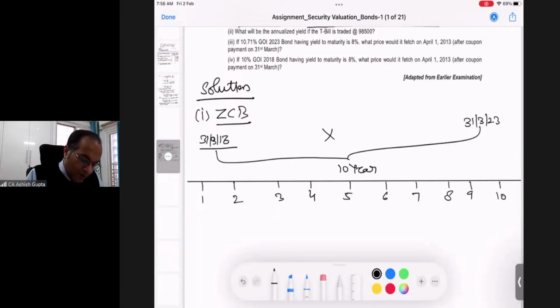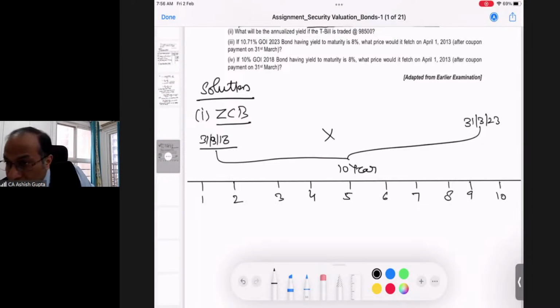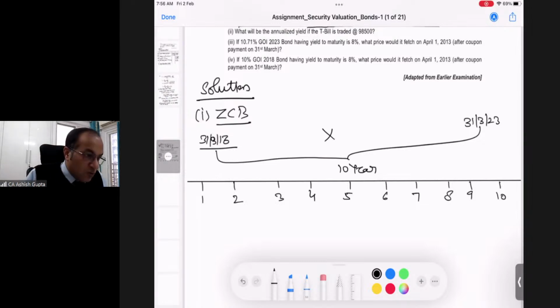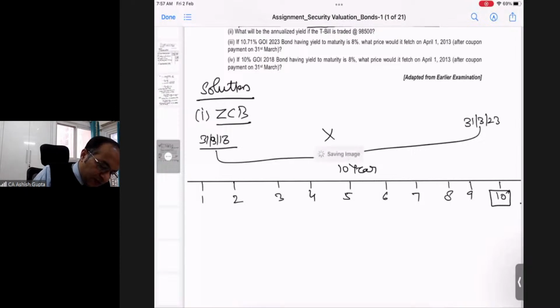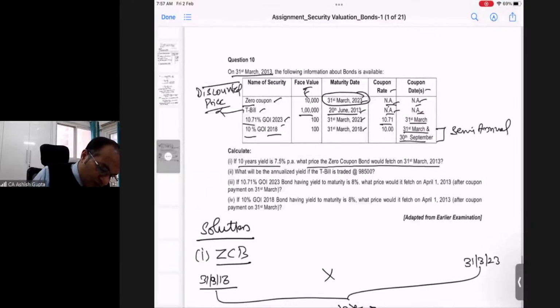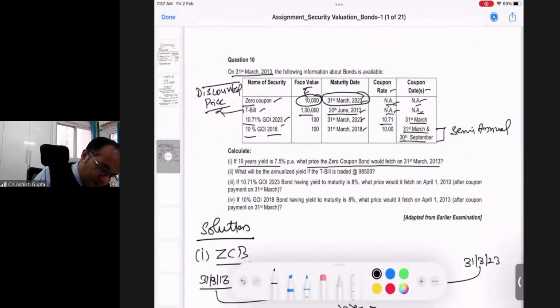Okay, student, now here what will happen? Yes, Manju, you are right, your answer is correct, but I am just explaining to the students. Now see here, there will be no payment. At the end of the 10th year, as I told you, it is always issued at a discounted price, so my maturity amount, face value, is 10,000.